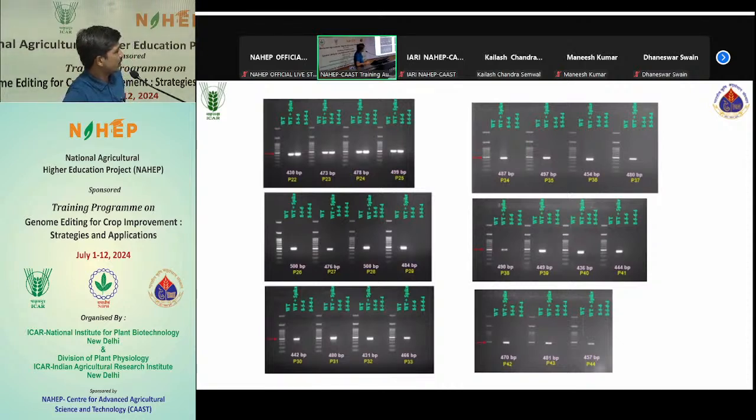See here it is 25 and 26c. From here onwards you are not getting any band in the Cas9 positive. Why? Because this is the region of the left border. The first one is the right border, and the 26th one is the left border.